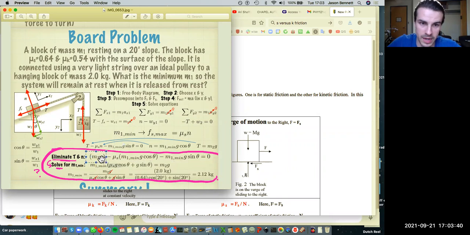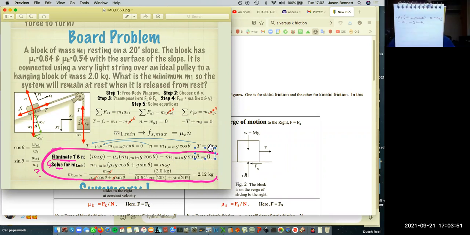Yes. So now that I took this and brought it over here, minus on this side, minus on this side. So it equals minus M2G. Then I notice, so it looks like that, if you can see that.